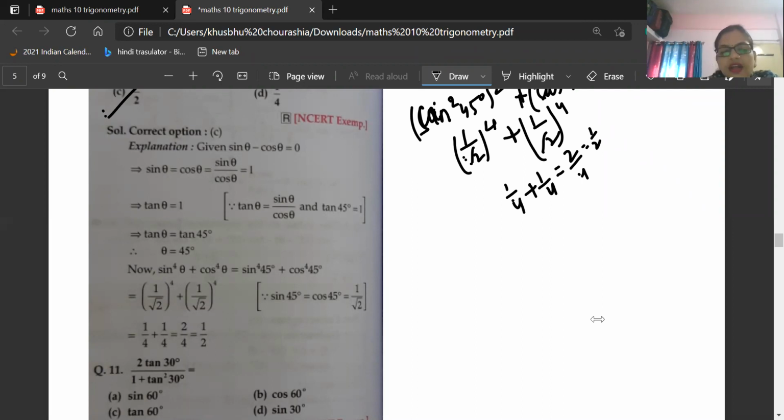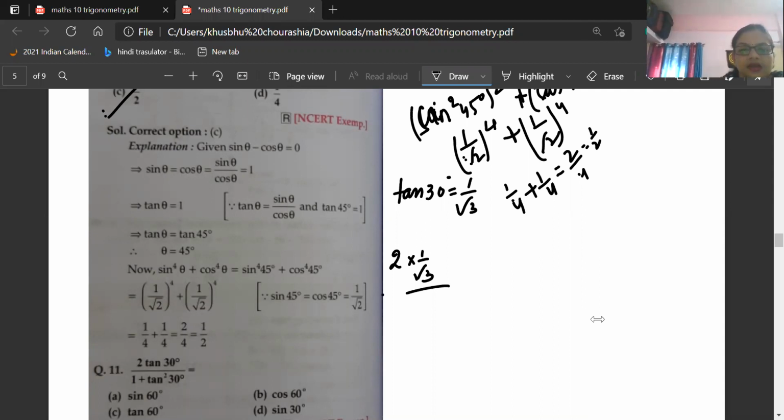Fine, we know that tan 30 degrees is equal to 1 by root 3. So here it will become 2 into 1 by root 3, divided by 1 plus (1 by root 3) whole square. So it will become 2 by root 3 over 1 plus 1 by 3.